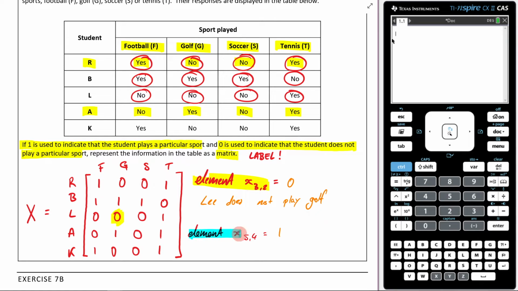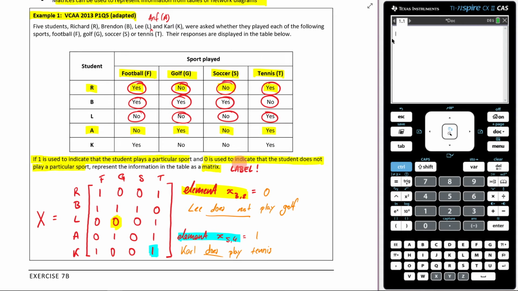What does this tell me? Well, I'm looking at Carl this time, and it's telling me that Carl does play tennis. So, does because it's a 1, does not because it's a 0.